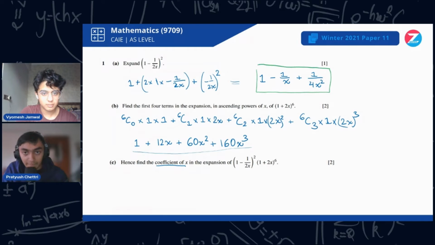So this one's a constant term. This one's an x to the minus 1 term. This one's an x to the minus 2 term. And here you've got a constant term, x power 1 term, x power 2 term. So thinking about the powers, how many ways can we make x? One, we can multiply an x power 0 by x power 1.